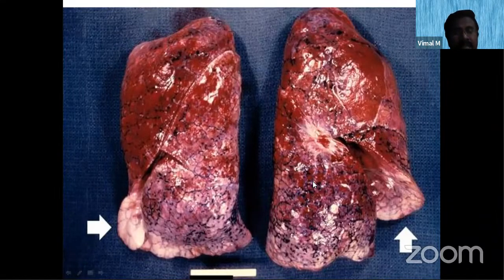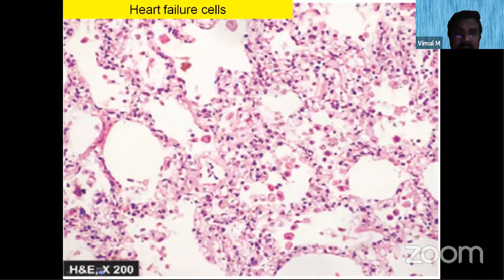So what happens? The whole lung is expanded. You have the fluid, that frothy material, accumulated in the lung parenchyma. So you have an indurated lung which appears brown in color, and histologically you can see these cells.